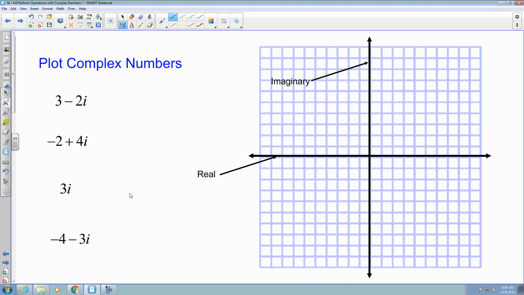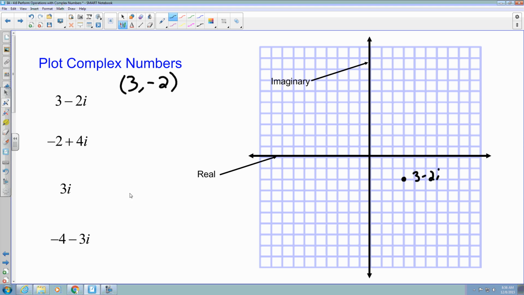So if you have something like 3 minus 2i, that's like the ordered pair 3 comma negative 2. So then you just plot that point. You go 3 in the real numbers section, negative 2 in the imaginary, and then you plot the point. So that's 3 minus 2i.